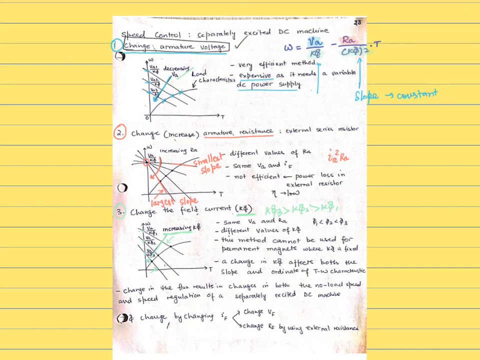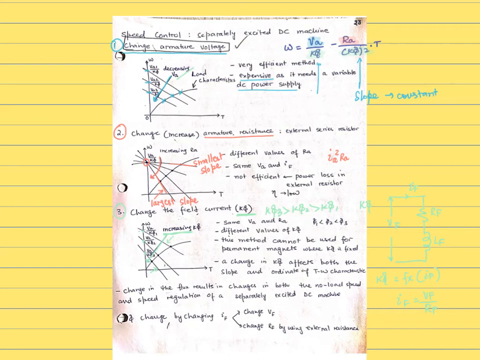Now how could K phi be changed? K phi is on the field side, and this is how the field side looks. LF does not matter, but I have still drawn it. K phi is a function of the field current, and field current is given by VF over RF.